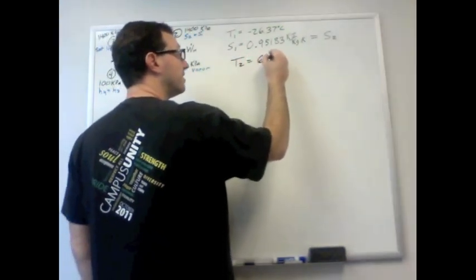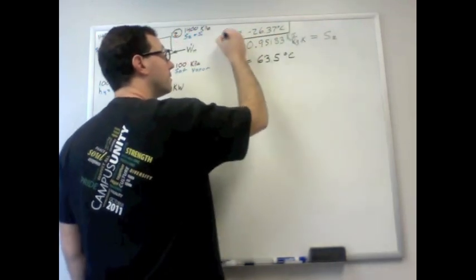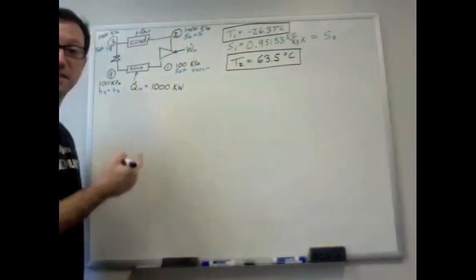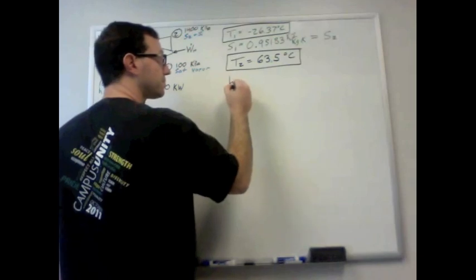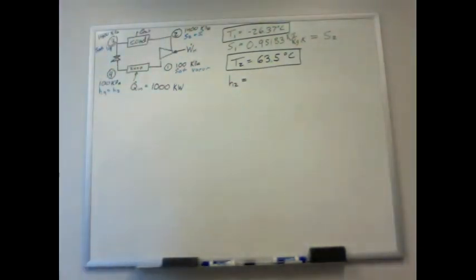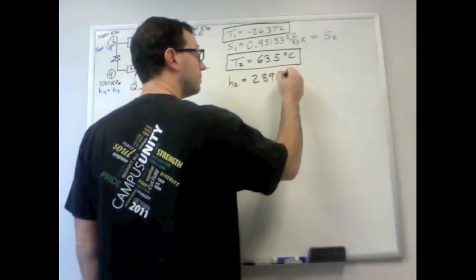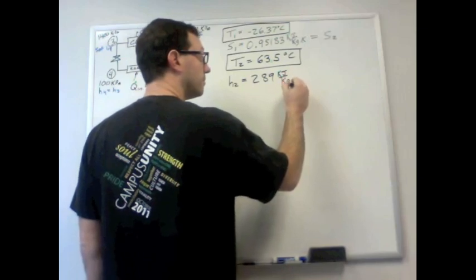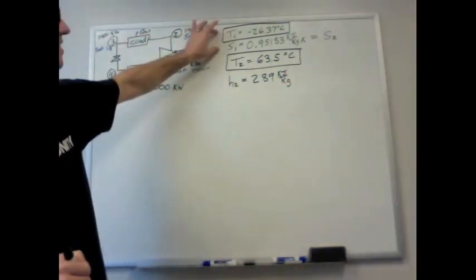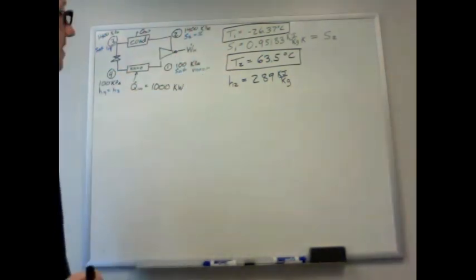I get about 63.5 degrees C. At the same time, we're going to need enthalpy 2, so we can approximate enthalpy 2. I get something like 289. These two should be exact. You can get those exact values in the tables. These I approximated, so if you have a small difference there, that's okay.